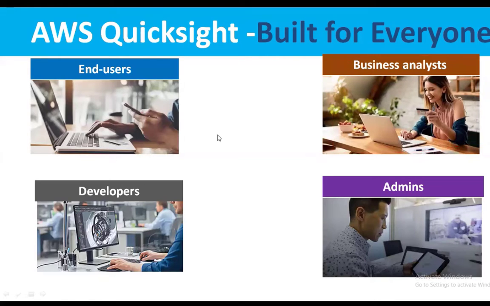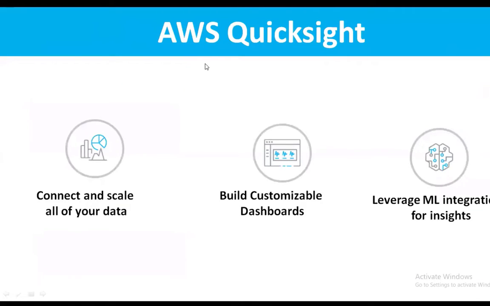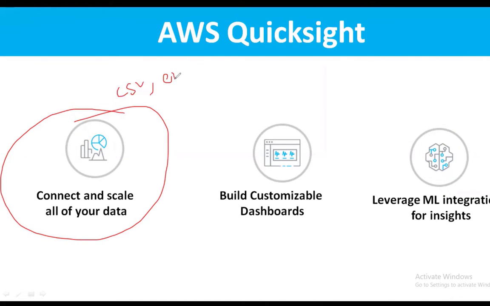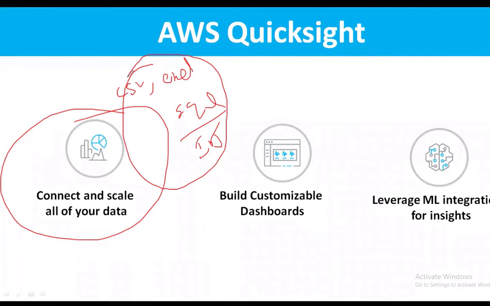Another thing you can do with AWS QuickSight is connect and scale all of your data. You can connect a CSV file, an Excel file, SQL data, or data from IoT devices. Data can be from any file, from any source. You can connect the data to QuickSight and visualize it. That is an advantage.